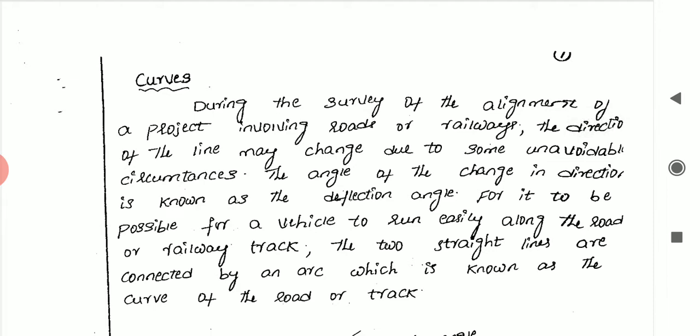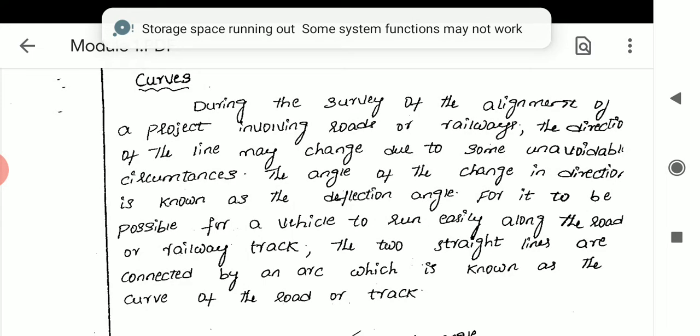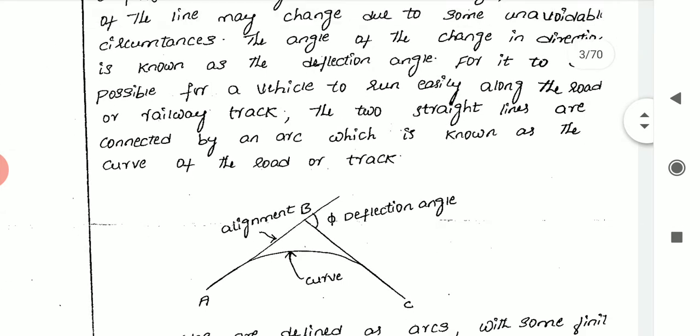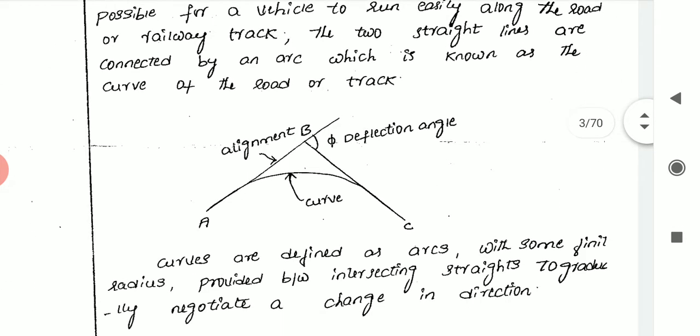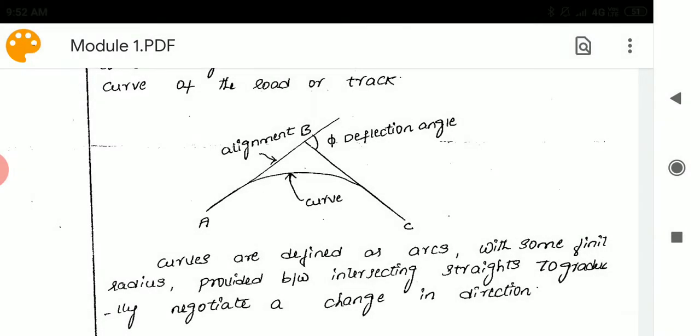Curves are generally continuous and smooth flowing lines without any sharp turns. See here, this is a tangent or line, and this is also a line or tangent. Together, these tangents make one curve.